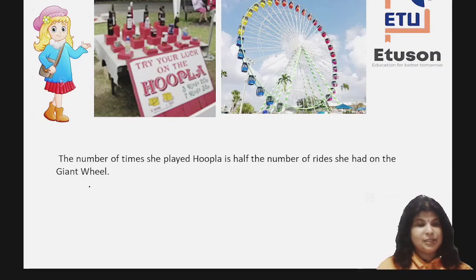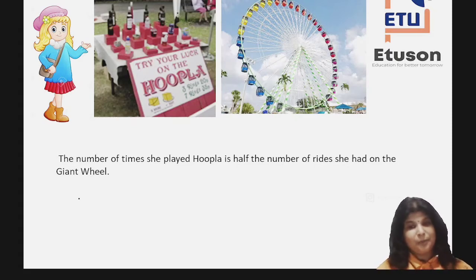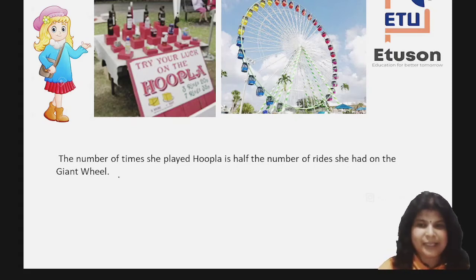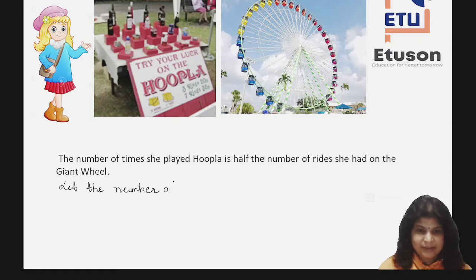For this, in the lower standard you have already framed the algebraic expression. So let us frame the algebraic equation now. Let the number of rides be x.